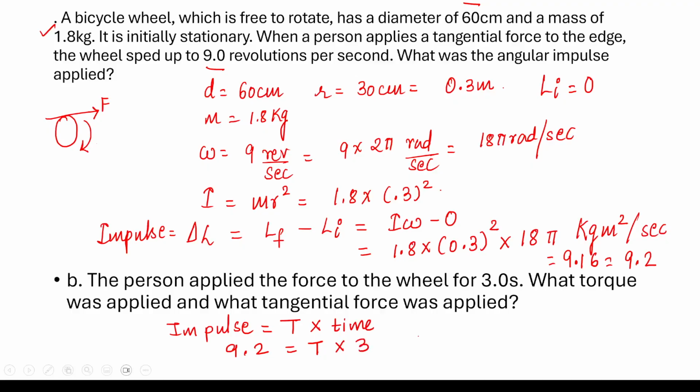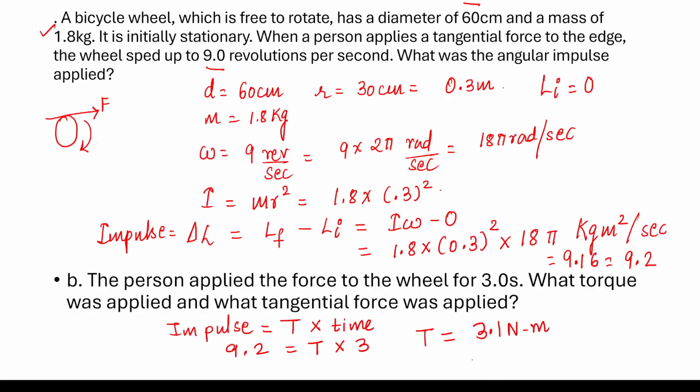If I divide 9.2 by 3, my answer is 3.1. Actually I'm getting 3.05 because I'm taking the original number which I got before I rounded it, to get rid of my rounding error. So I got my torque as approximately 3.1 newton meter.